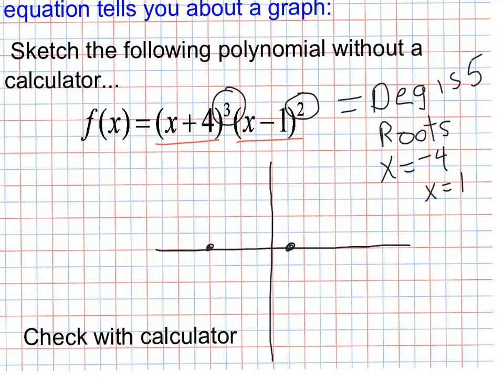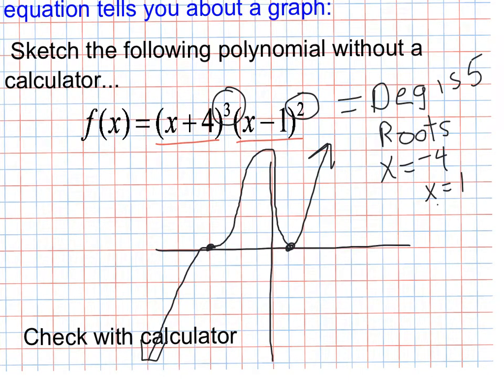With this being of degree 5, meaning it's odd, it's going to start where x is negative, y is going to be negative. So we're going to start down here and come up through our first root, which gives us a flattening at -4. We're going to go up, peak somewhere, come down, and then bounce off of the root at 1.